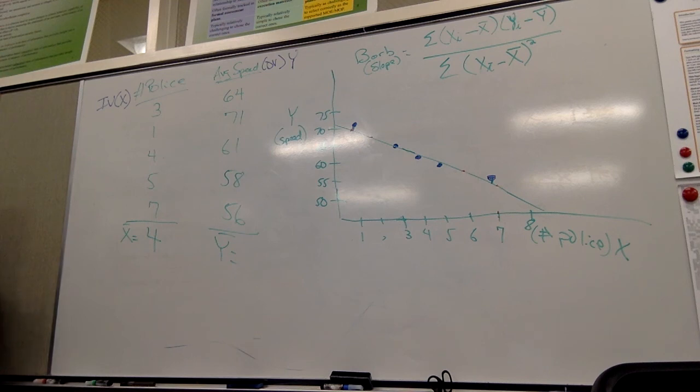Y bar, the average of the y values: add up 64 all the way through the 56. That's 310 divided by an n of 5, 62. Everybody got 62? Double check it.